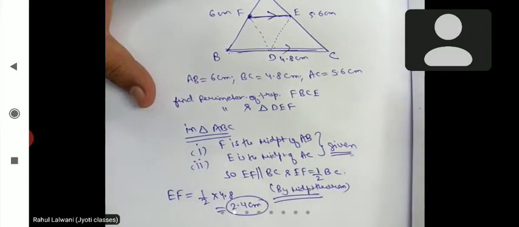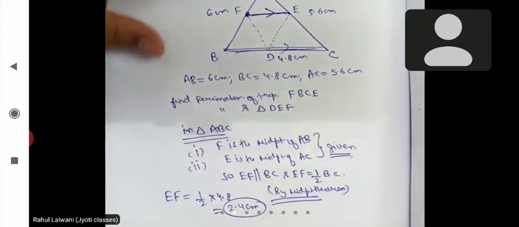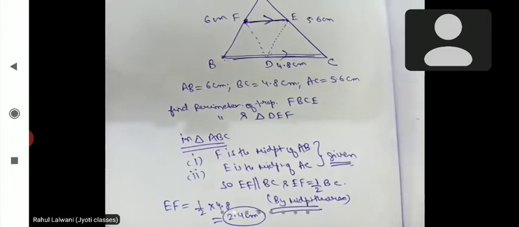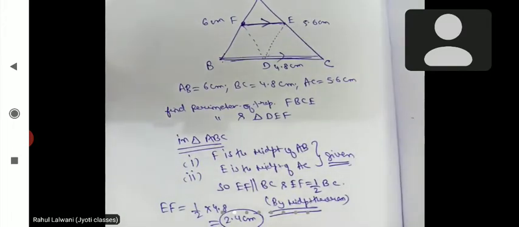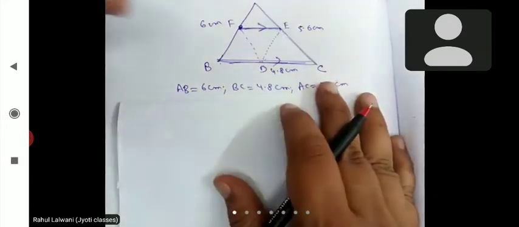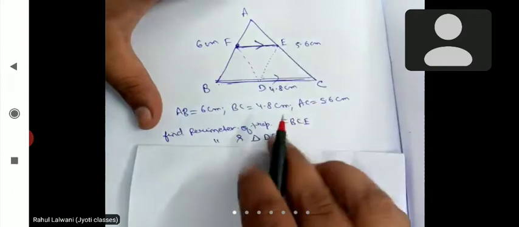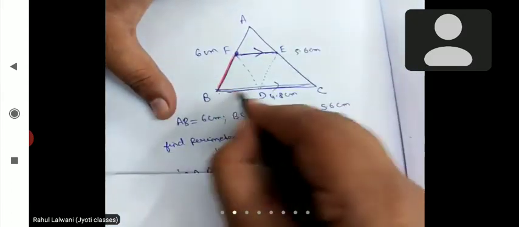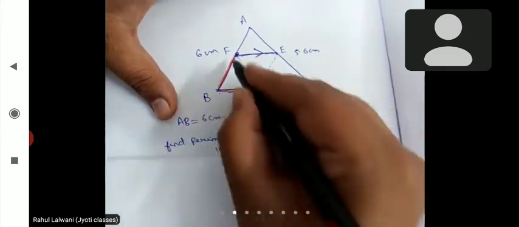They have asked you to find the perimeter of the trapezium. How will you find it? This is the trapezium they're talking about, the trapezium FBCE, the red shaded part.